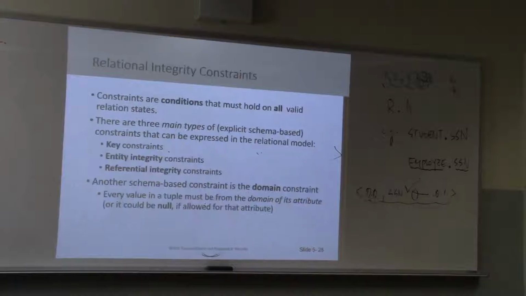There are 3 main schema-type constraints in the relational model. One is the key constraint, the second is the entity integrity constraint, and the third is the referential integrity constraint.